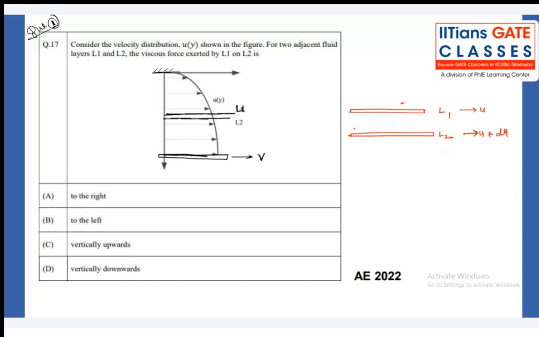Viscous force tries to reduce the velocity of the adjacent fluid layer. How can it reduce the velocity of the second fluid layer? By applying a resistive force in the leftward direction. By Newton's third law, the second fluid layer will offer a resistive force onto layer 1 in the forward direction. So the viscous force exerted by L1 onto L2 is towards the left. But if I ask what is the viscous force exerted by L2 onto L1, it should be towards the right. Getting my point?